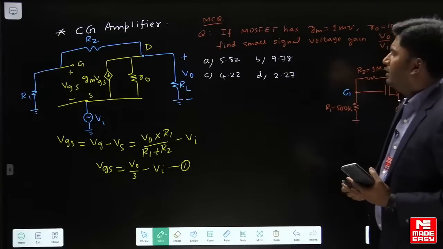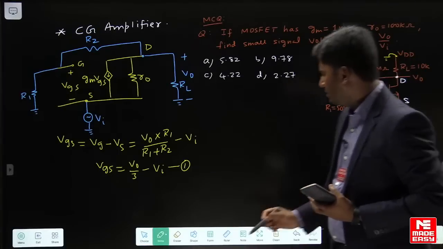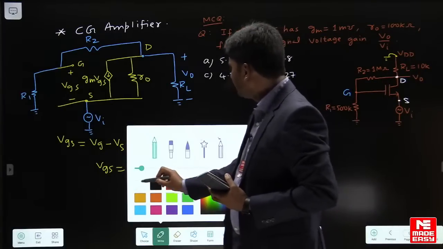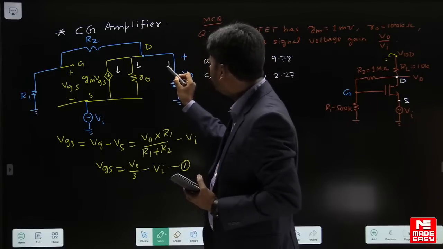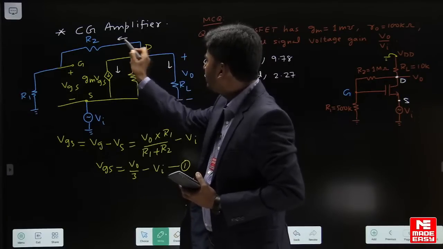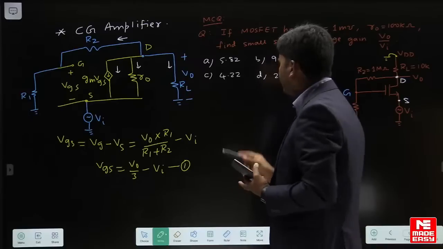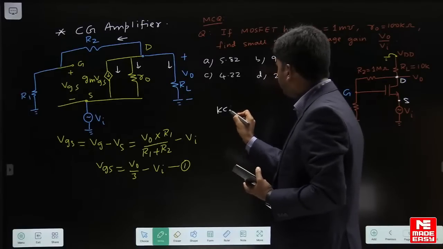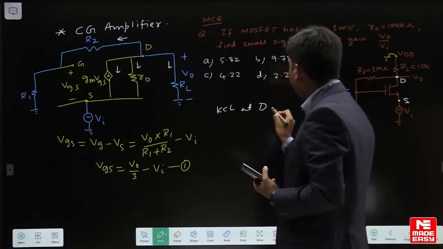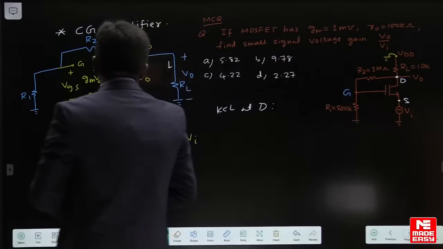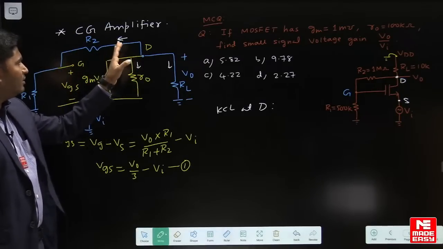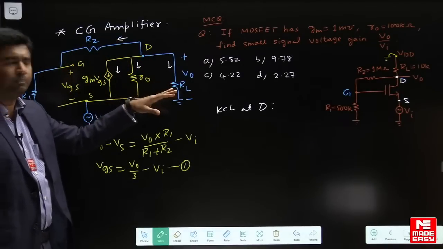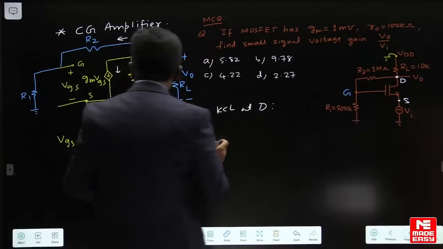Next, let us apply KCL. Now we will use KCL. All these currents you can show in any direction, it doesn't matter. I am showing them in this way. Now apply KCL at the drain terminal. I have taken all currents as flowing outward, so the sum of these 4 currents equals 0. So keep writing the currents.